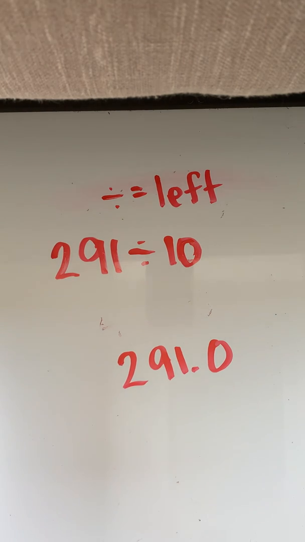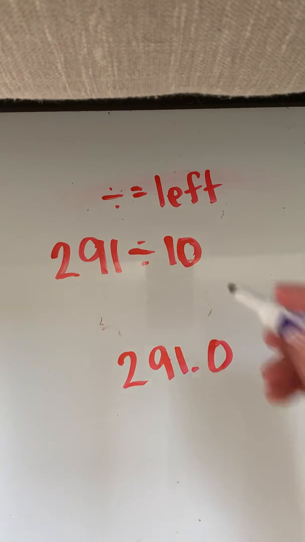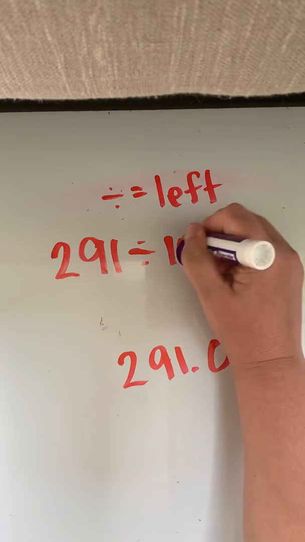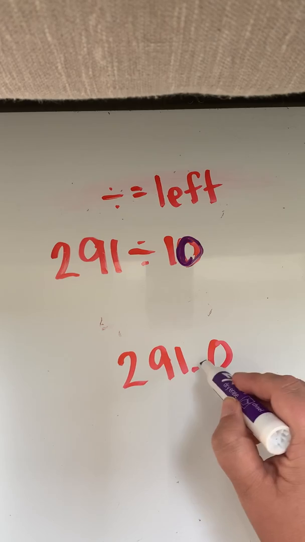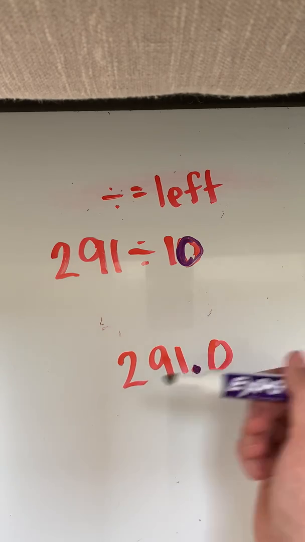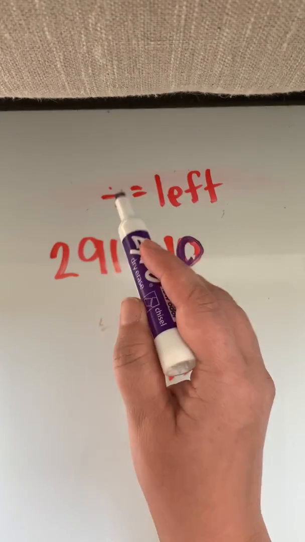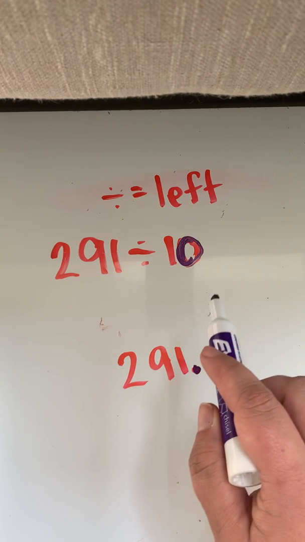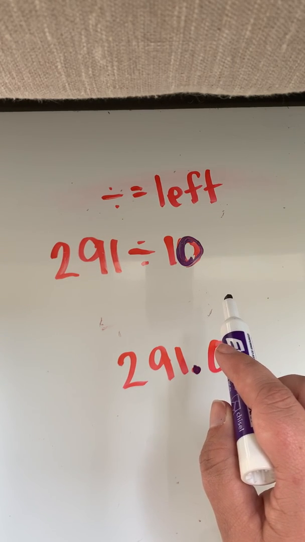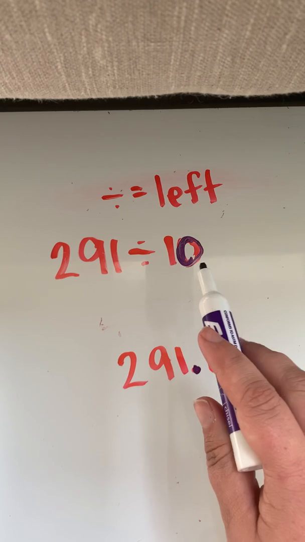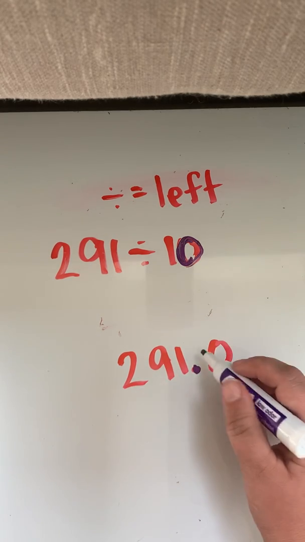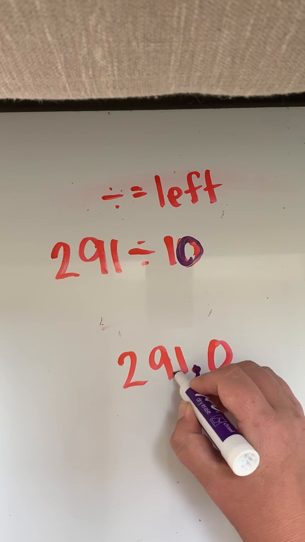How many zeros do I have in my 10? 1, absolutely. So I'm going to put my purple marker on top of this decimal, and I've got to go to the left now. You see that? If I'm going to divide, I need to go left. And I'm going to go to the left how many times? Great. I'm going to go to the left 1 time because I have 1 zero. Here we go. Ready? 1 time.